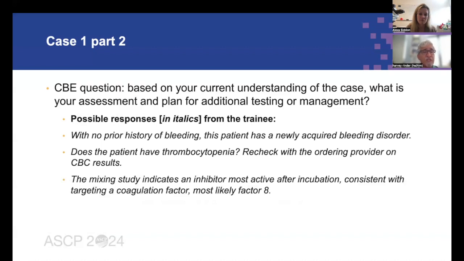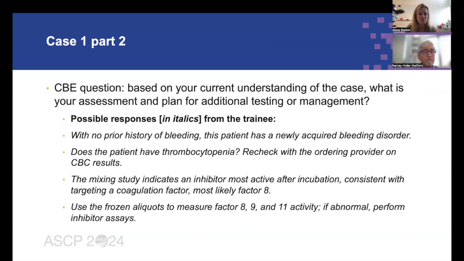Now, they've assessed that the mixing study indicates an inhibitor that is most active after incubation, and they feel that it's consistent with targeting a specific coagulation factor, most likely factor VIII. Finally, they want to use some of those frozen aliquots to measure factor 8, 9, and 11 activity. And if those activities are abnormal, they're going to reflex to perform inhibitor assays.